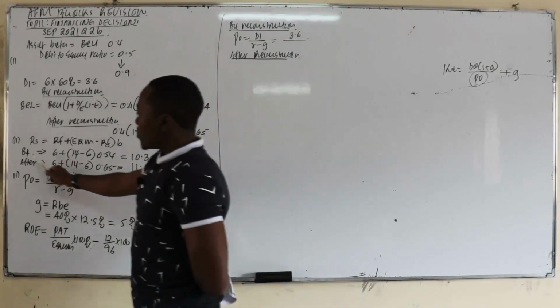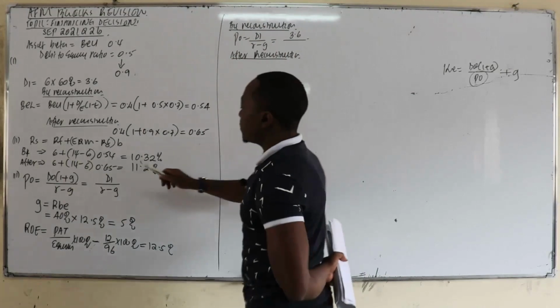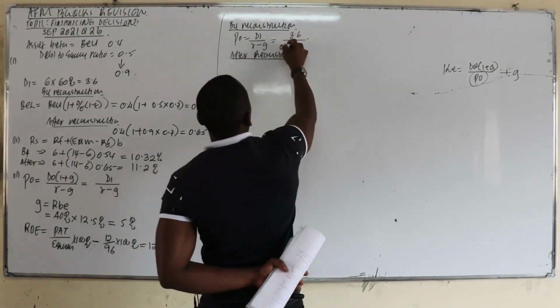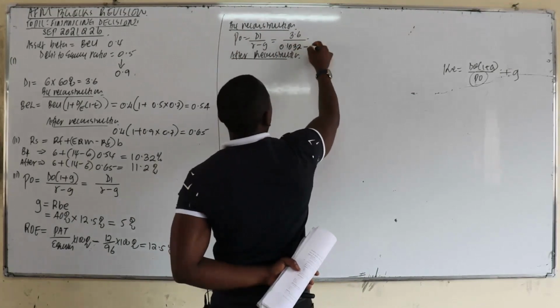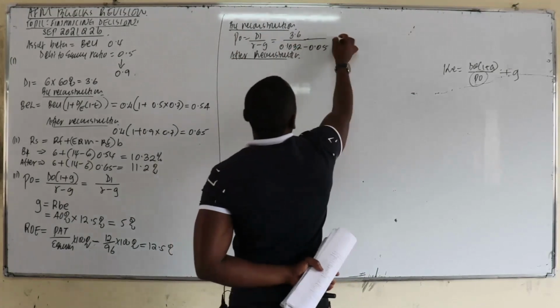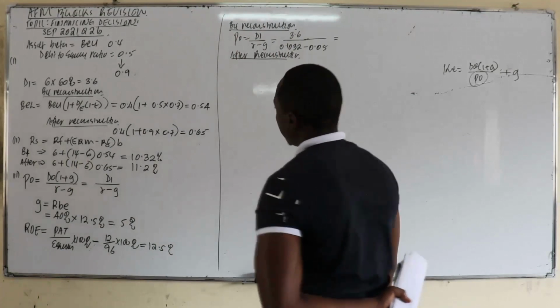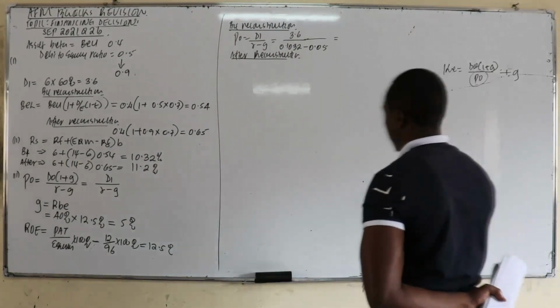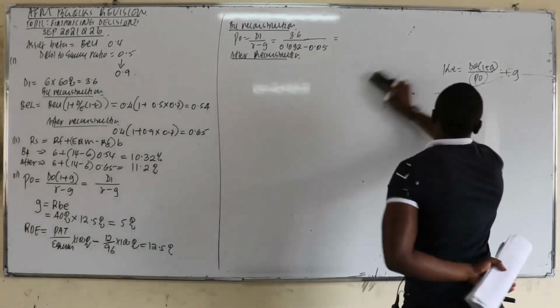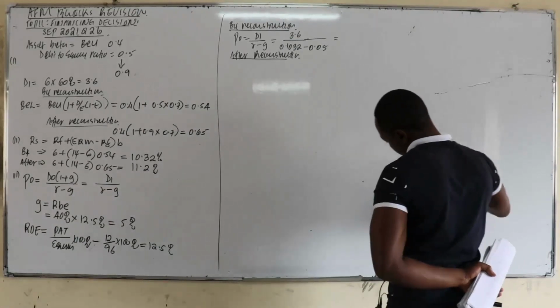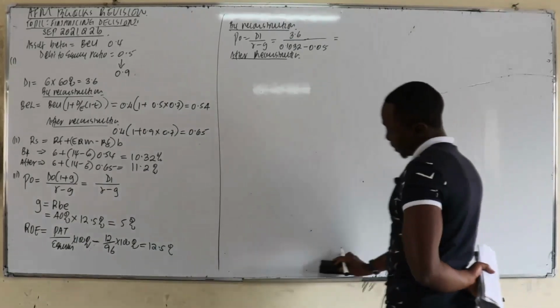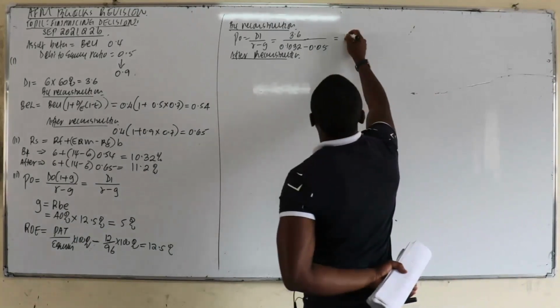Before the reconstruction, the cost of equity is 10.32, so it will be 0.1032 minus the growth rate of 5%, 0.05. So how much is that?